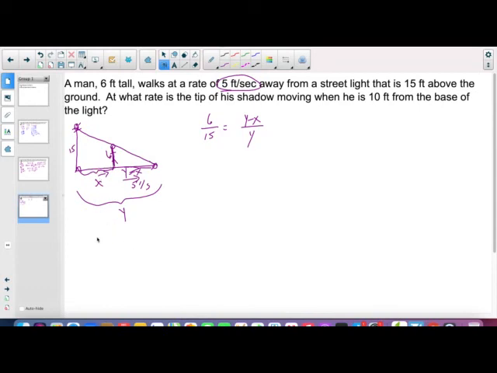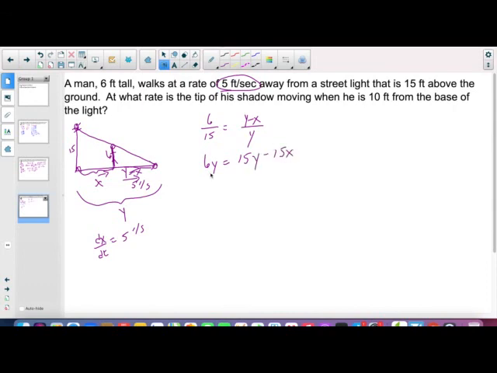So dx over dt is going to be represented by 5 feet per second. Now I could take the derivative of this implicitly, but the easier thing to do would be to go ahead and cross multiply.